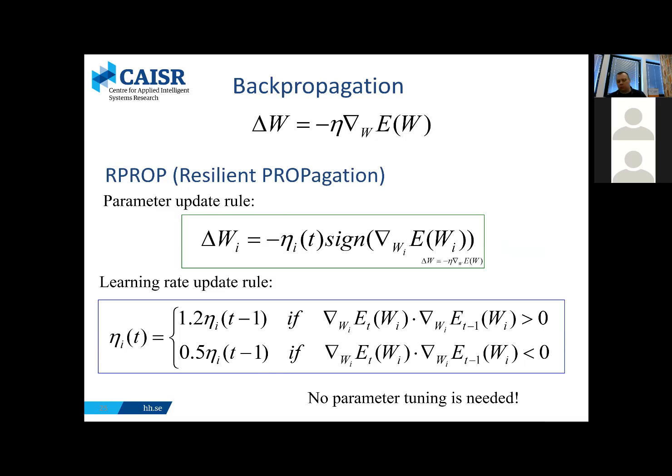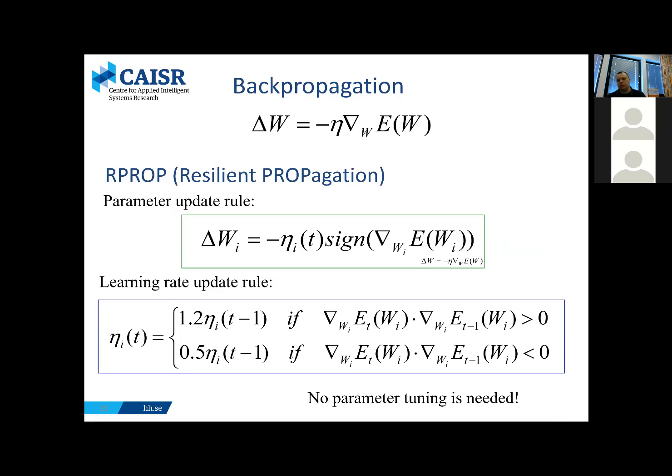One of the biggest problems with gradient descent algorithms is that figuring out a good learning rate is tricky, because if you pick your learning rate too slow, you will never really reach a good solution, because you will be changing things too slowly. If you pick your learning rate too big, you are likely to jump over good solutions, and you will basically end up doing some kind of random search instead of guided search. So resilient propagation is one way of updating the learning rate based on the results you are getting.